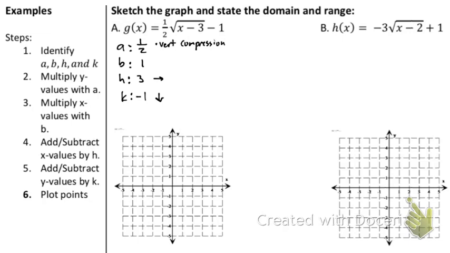So how in the heck do I graph this thing? We have to remember our original points. So my original points are 0, 0, 1, 1, and now we do our math. We have our b value here and our a value here, and they will multiply.